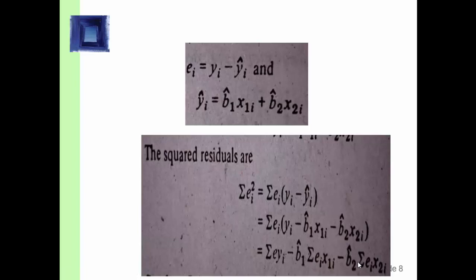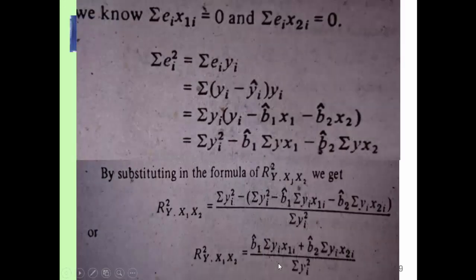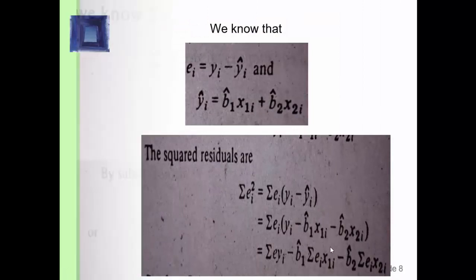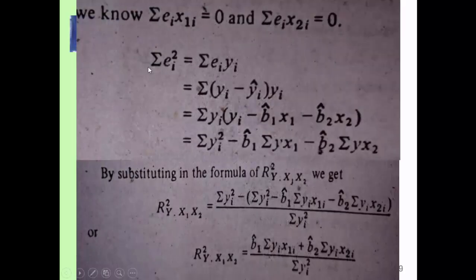Now econometrically it has been proved that summation ei x1i and summation ei x2i are equal to 0. We know that summation ei x1i is equal to 0 and summation ei x2i is also equal to 0. So this identity becomes summation ei square is equal to summation ei yi.